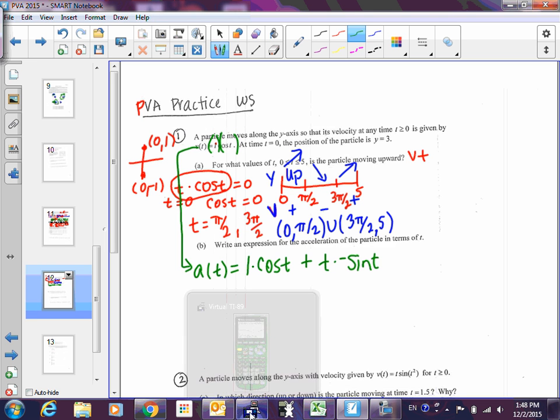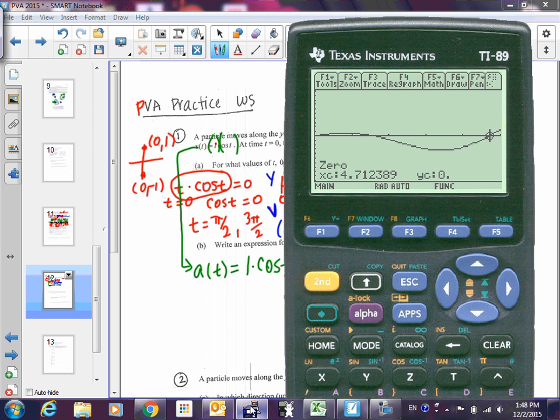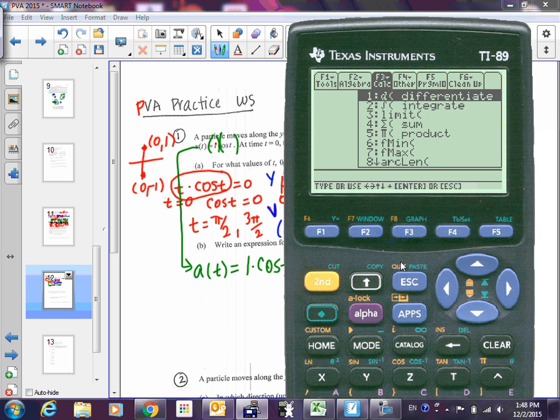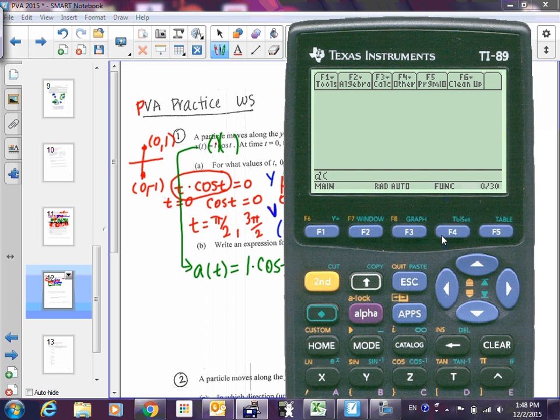While we have the calculators out, can anybody remind me how you can find the derivative in your calculator? Like in the home screen. Okay, so in the home screen, remember F2 and F3, that's where all the good stuff is. If you hit F3, see that d for differentiate, select that. So F3, 1. And then I'm going to type in t.